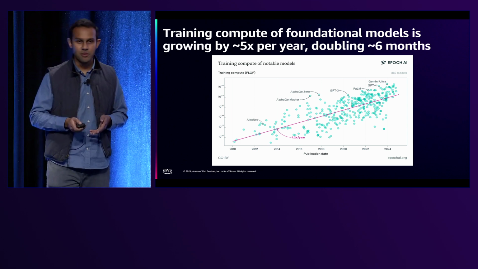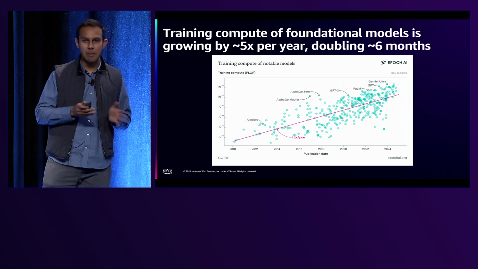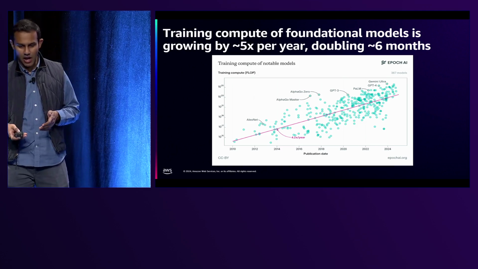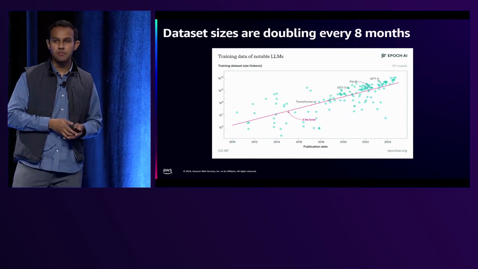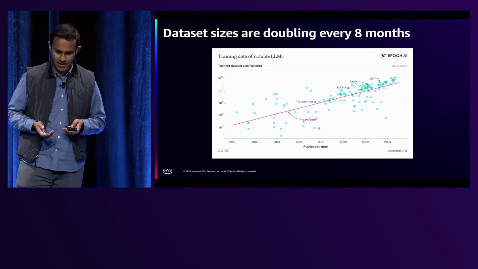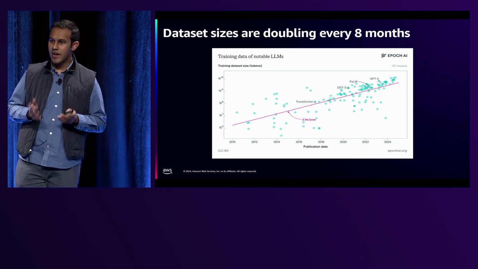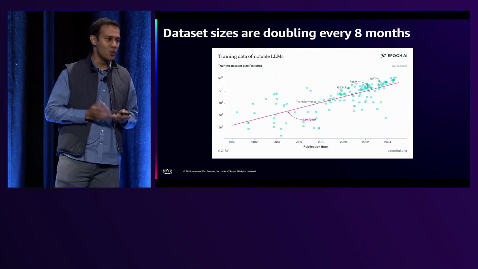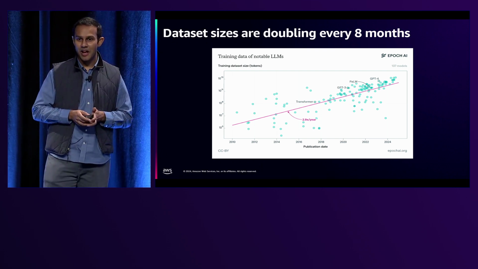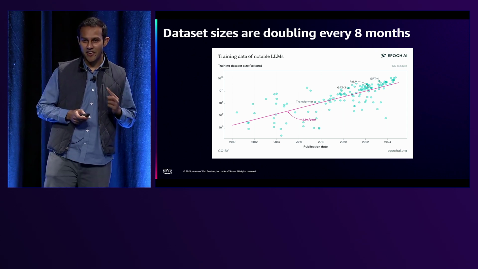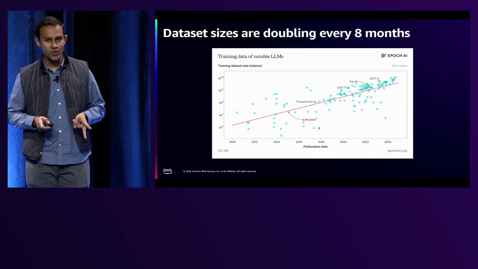So we've got larger models that are going from billions of parameters to now something that's trillions of parameters. Along with this, the amount of data used by these models is also roughly doubling every 8 months. With the amount of training data growing at this rapid pace, there are even concerns around whether data will continue to scale, or whether we will run out of data eventually. So there are larger models, there is more data.